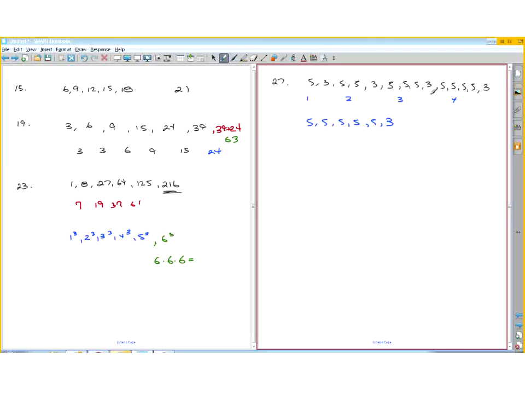In this case, they just asked what the next term would be, and the next term would be 5. But that's how it would continue. And the next one would be 5, 5, 5, 5, 5, 5, and then 3. Okay, so I think that's all for right now.